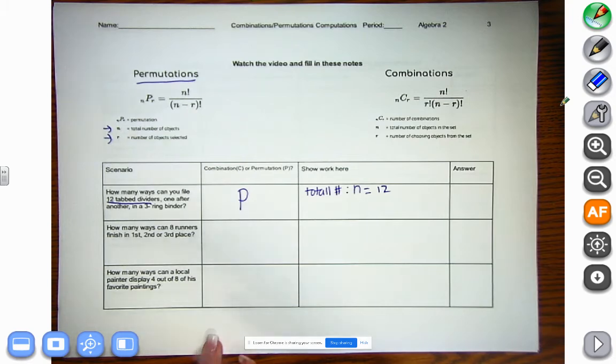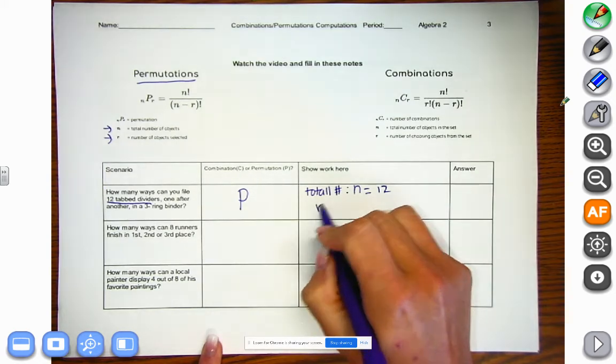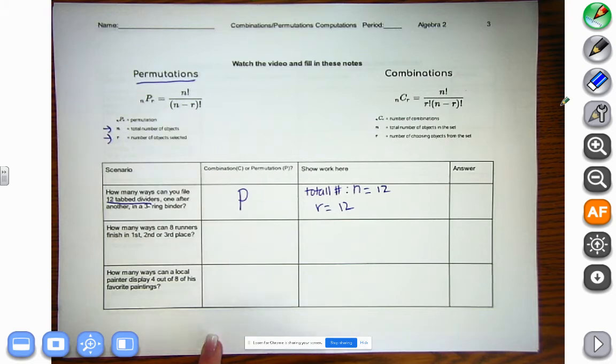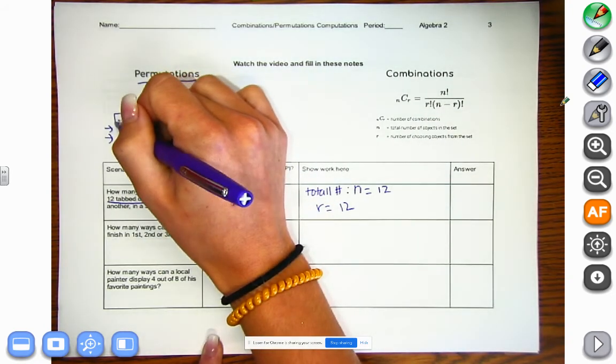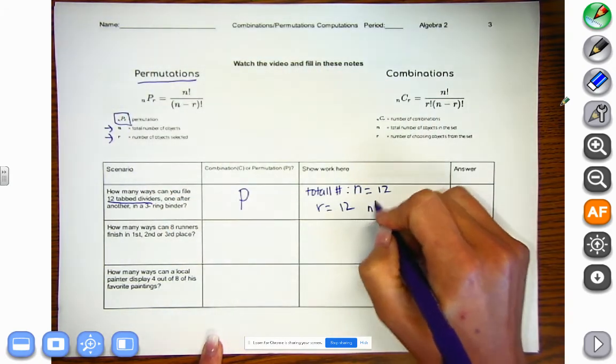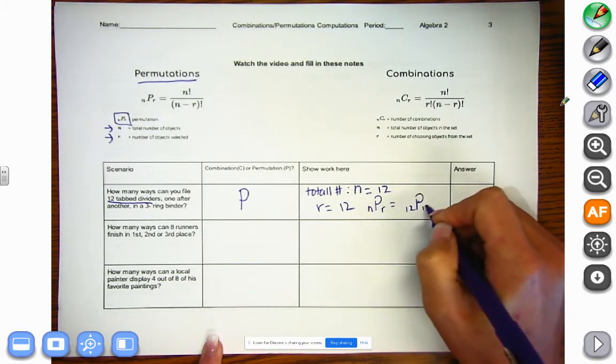We're placing or selecting these objects, so our r, the selection of objects, is also going to be 12, because you're putting all 12 of those dividers into the binder. So we would rewrite the formula as nPr, where n is 12 and r is 12.